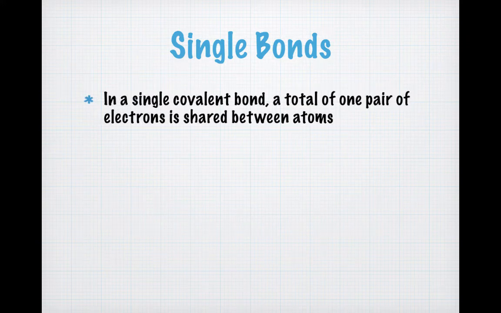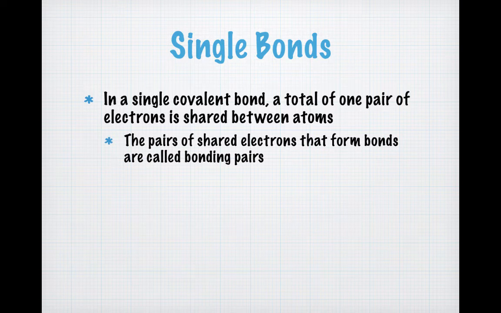Now we have some different types of bonds. We have single bonds, and in a single bond, we have just one pair of electrons being shared between atoms. Generally, each atom contributes one electron to that bond, and so between the two atoms they have two shared electrons, and that creates a bond between those two atoms.